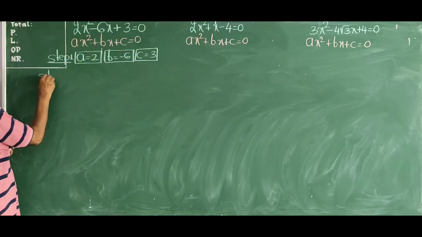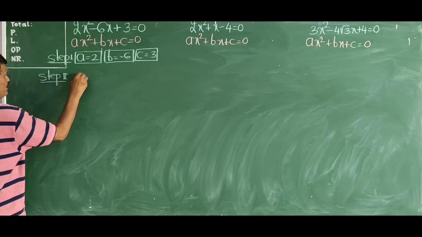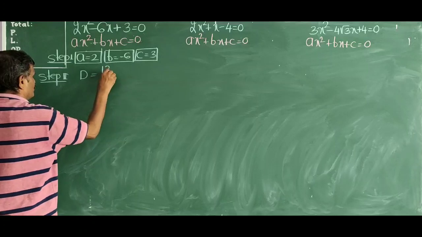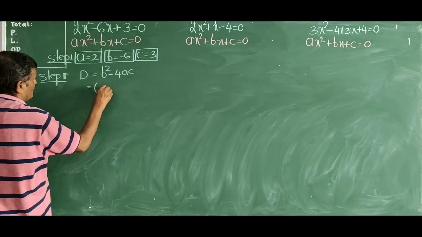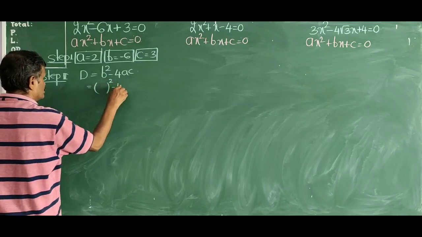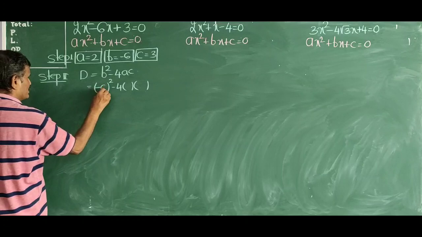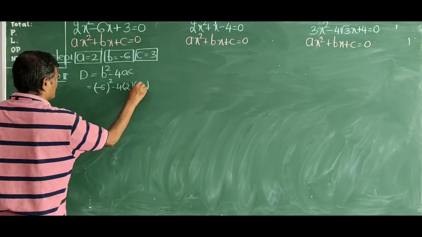What is our second step? In the second step we find the discriminant, and what is that? Discriminant is equal to B squared minus 4AC. What is the value of B? You have to put the A value and the C value. B is minus 6, A is 2 and C is 3.